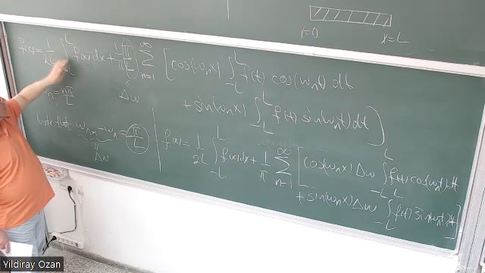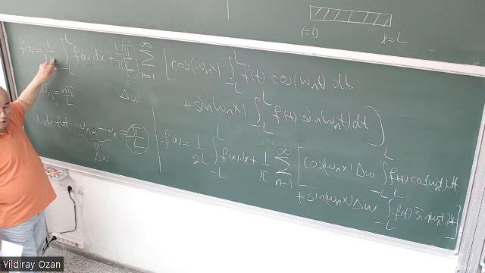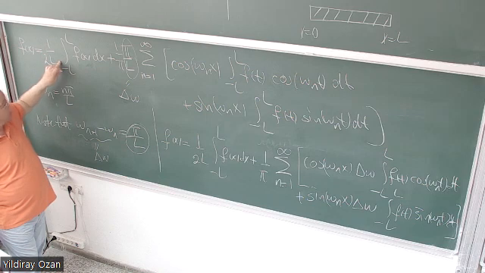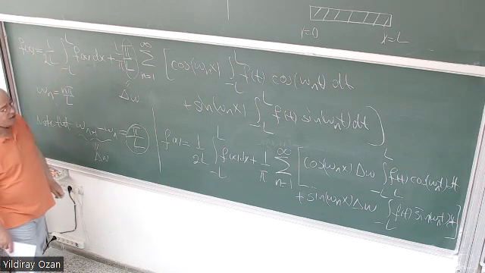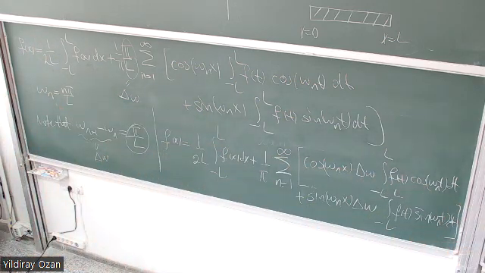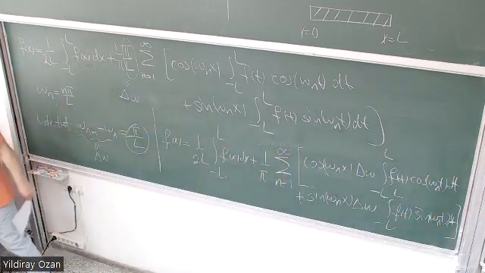Okay, so this number will be less than, let's say, 5. And then I will let L go to infinity. This is like 5, but L is going to infinity, so this term will vanish, and what we will have here is the following. So let me just write it down.